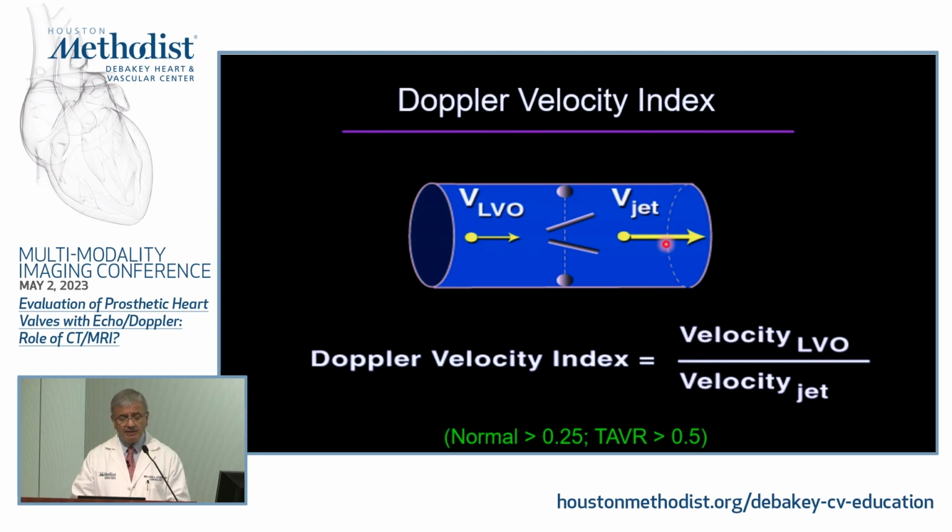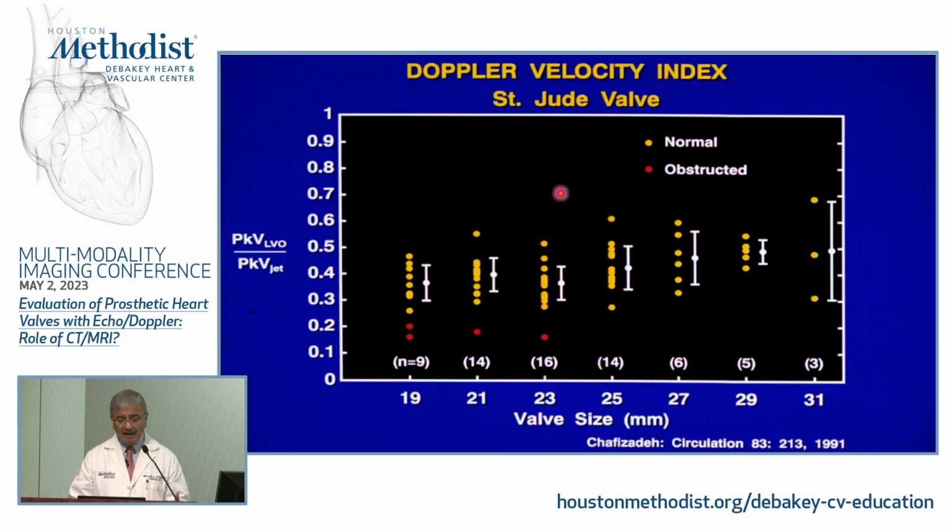And part of the reason that we could do this simplification is that the size of the prosthesis relates somewhat, not one-to-one exactly, but relates somewhat to the size of the annulus. The surgeon is going to be able to put in a larger valve if you have a larger annulus. So you take that out of the equation, and then what happens is, remember the relation that you saw with gradient, you remember the relation you saw with effective orifice area, it is rather flat.